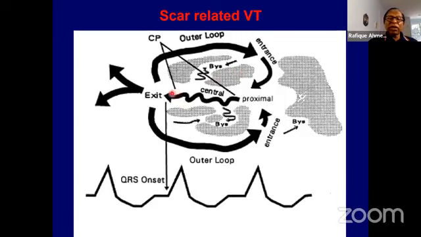Or if we do ablation, we will try to find the common area where the pathway is common and we ablate it. What happens? If I ablate it over here, the electricity will go down this way and then continue working. So that's the tricky part of doing ablation in this patient, that you find this common exit point and ablate it.